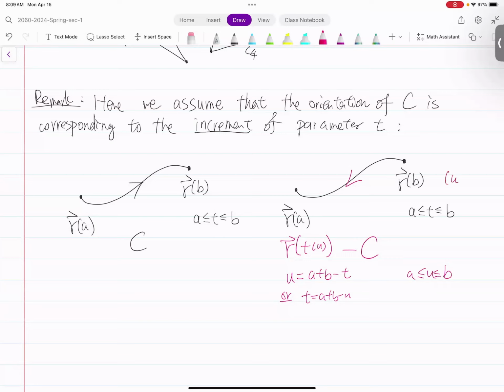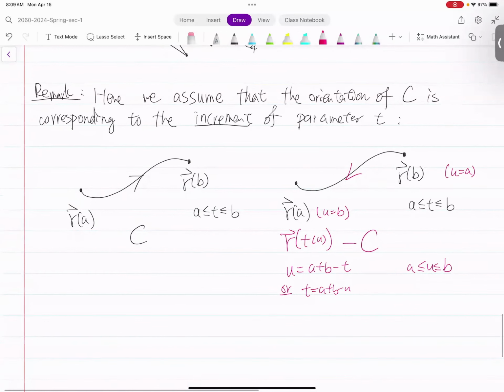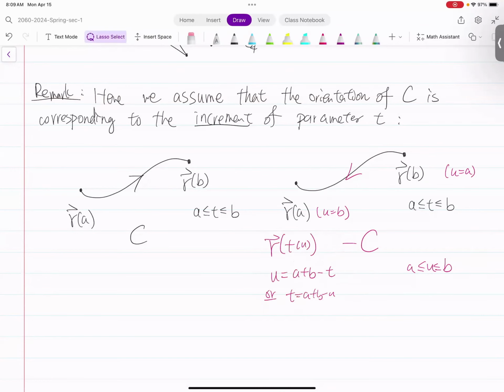So this is where u equals a. This is where u equals b. Right. So now you can see if you parameterize it a little bit differently, then the orientation is definitely different. Because the increment of your parameter u, the new parameter, will be from here to here, and then from here to here, and here to here, like these. Okay. So this is the opposite orientation.